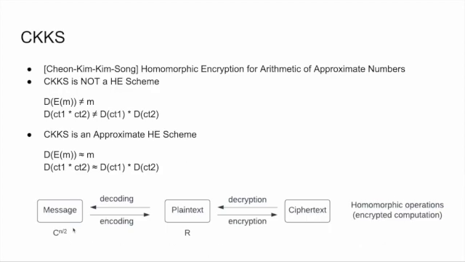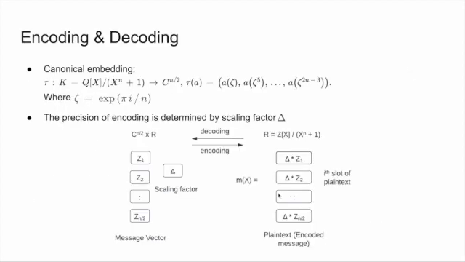I will be explaining to you each of these parts: decoding, encoding, then decryption, encryption, and how other operations like scaling and rescaling work on ciphertext. So here's the encoding and decoding part.